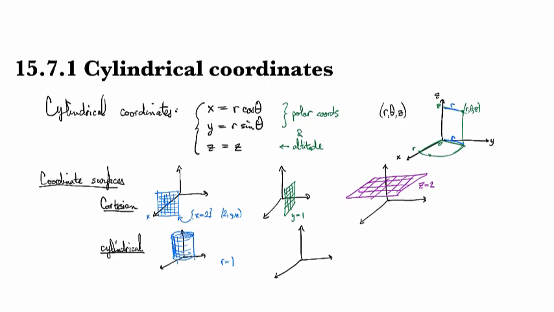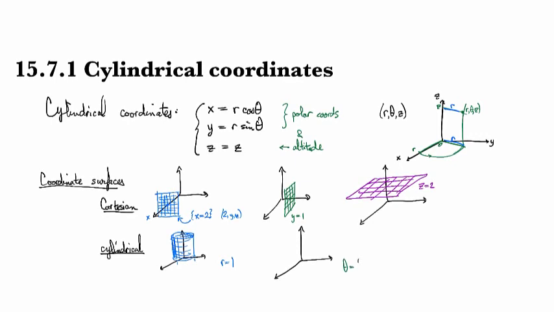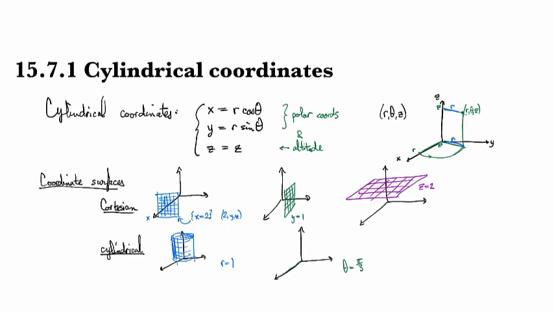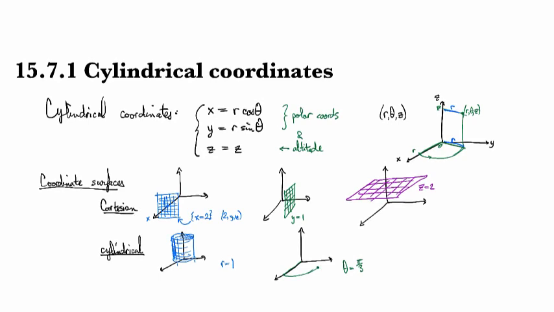Let's see, so then if we do theta, what does it look like if I pick theta equals, say, pi over 3? That's sort of a nice one to draw. So that means that I always come out on the x-axis and then I rotate, and so if I rotated around this way to pi over 3, I'd probably be somewhere over here. And so it's anything that gets rotated that far.